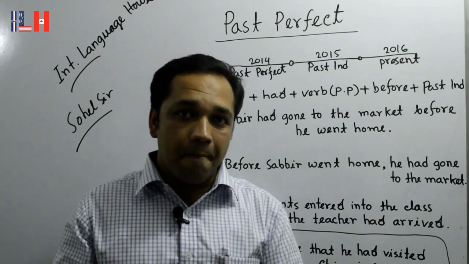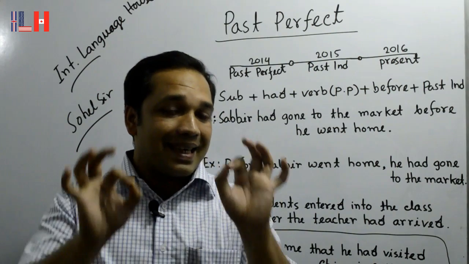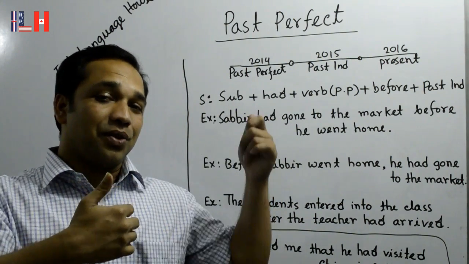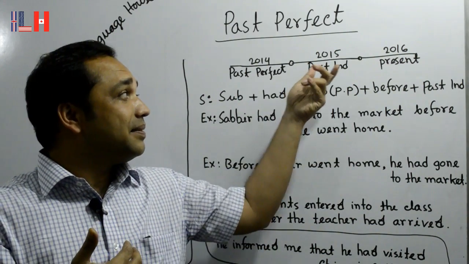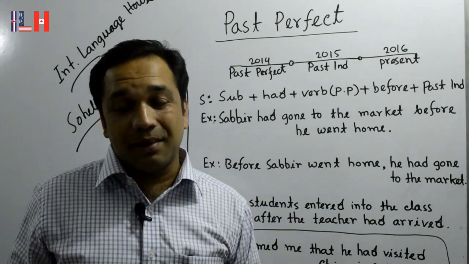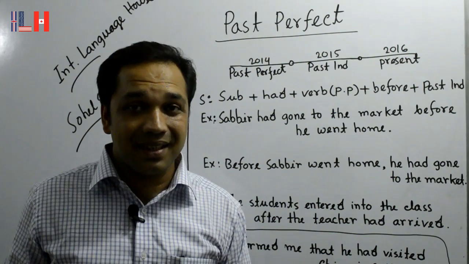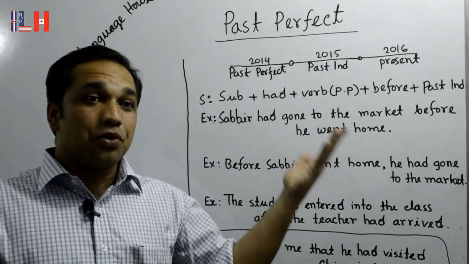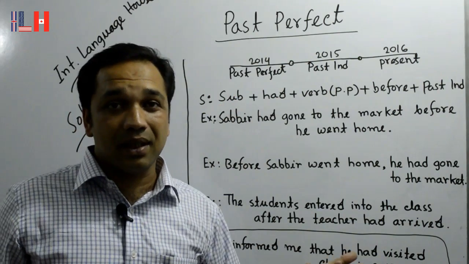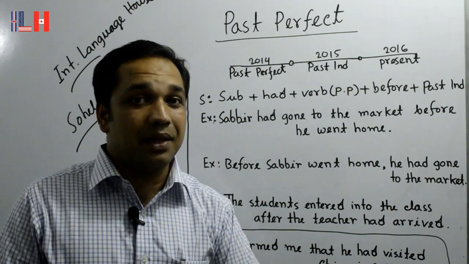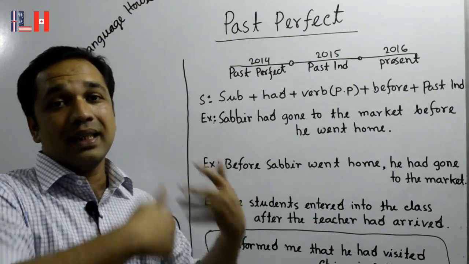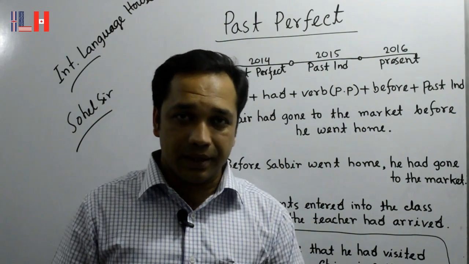Past perfect is something that happened even before past indefinite. If I'm talking at the moment, this is present, and if anything happened before 2016, it will be past indefinite, and if I want to mention anything that happened even before that, it will be past perfect.